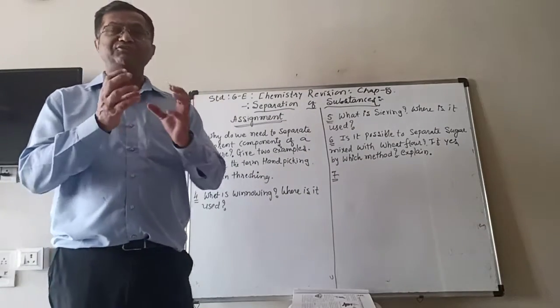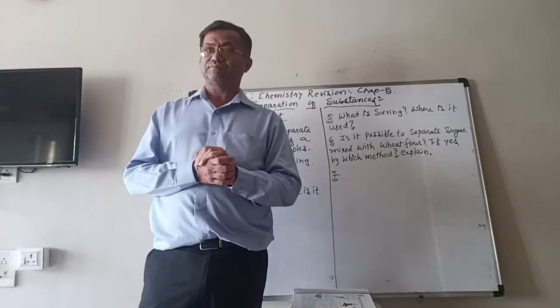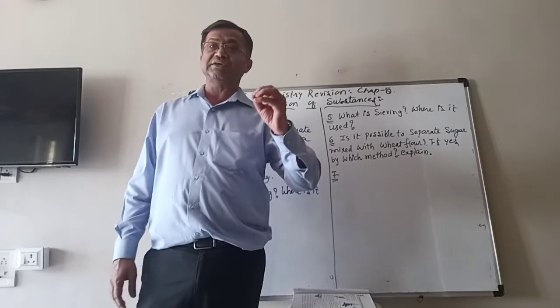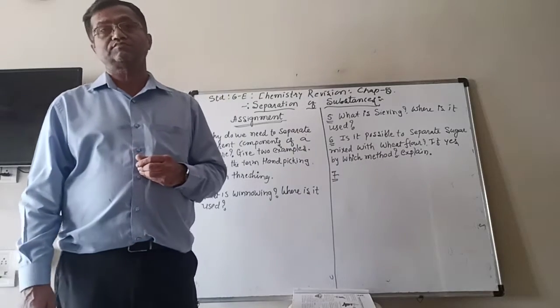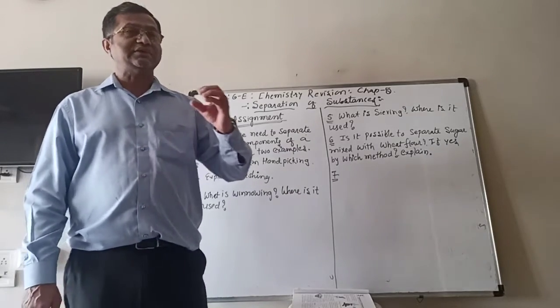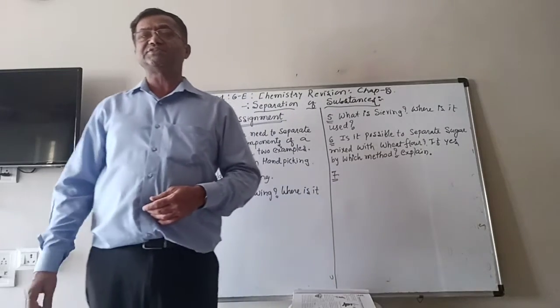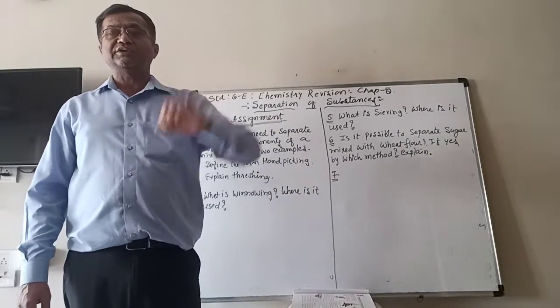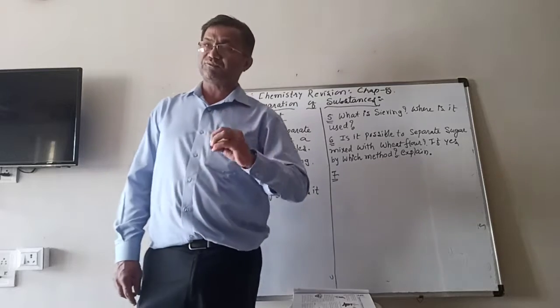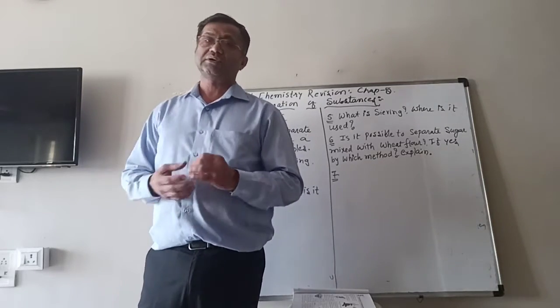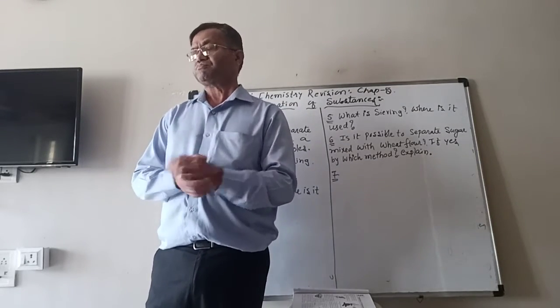When a substance is made from the same type of particles, we can say that it is a pure substance. For example, milk is a pure substance, sugar, pure substance, wheat flour, pure substance, salt, pure substance.